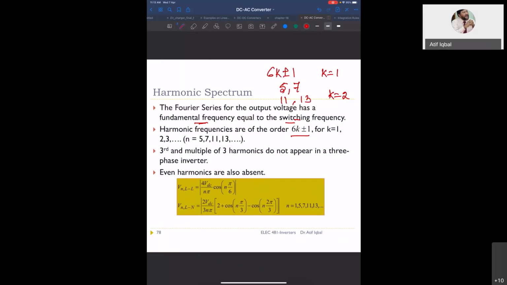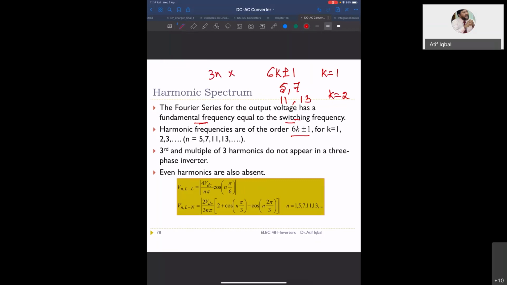You see in PWM, the harmonic components appear at the switching frequency. Here, low-order harmonics appear: 5th, 7th, 11th, 13th. But there will be no multiples of 3. The 3n harmonics are not there because it is a 3-phase system.